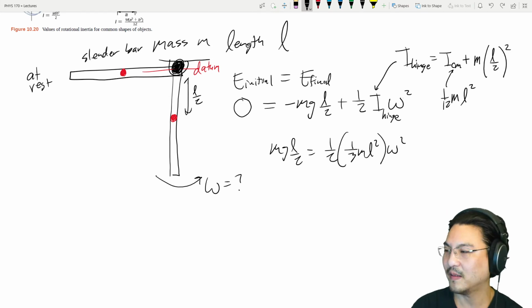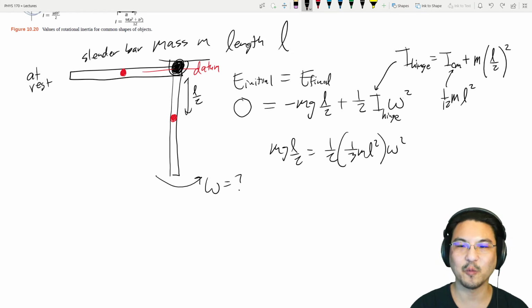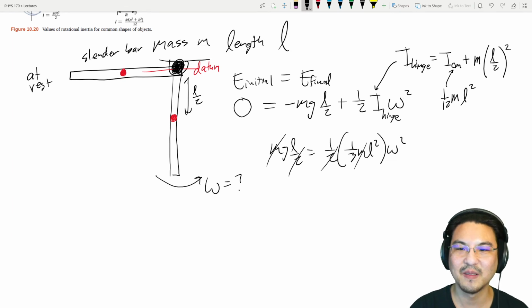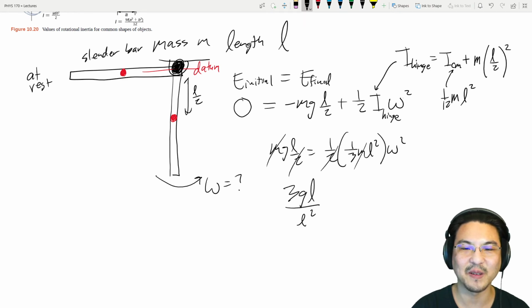Okay, so that's one way to, well, maybe I should just finish writing this. Let's multiply both sides by 2m, and then the 3 goes on this side. 3gL over L squared, so L over L squared is like this, equals omega squared. So here we go.